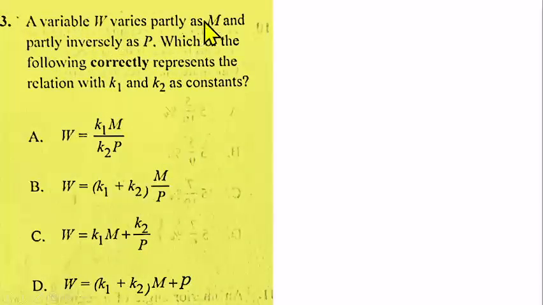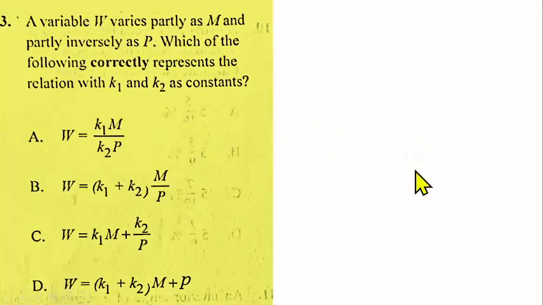W varies partly as m, so this m will have a constant k. So we have w equals k1 m, and partly inversely as p, plus the constant of the second variable, which is p.